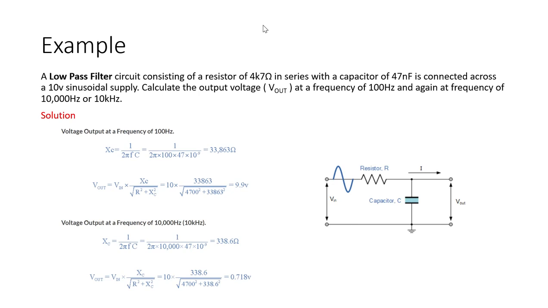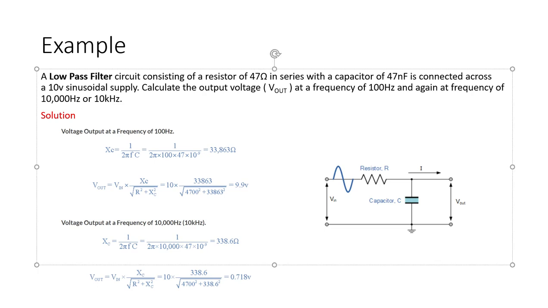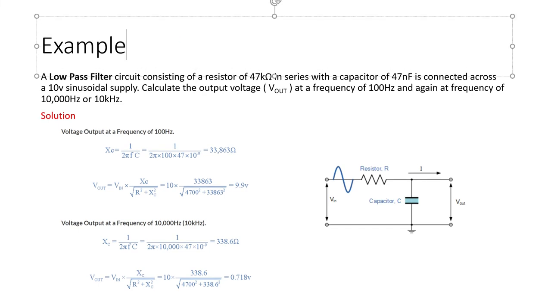The low pass filter circuit consists of a 47k ohm resistance. Sorry, this is a bit wrong, let me correct it. So this is a 47k ohm resistor in series with a 47 nanofarad capacitor, which are connected across a 10 volt sinusoid supply.